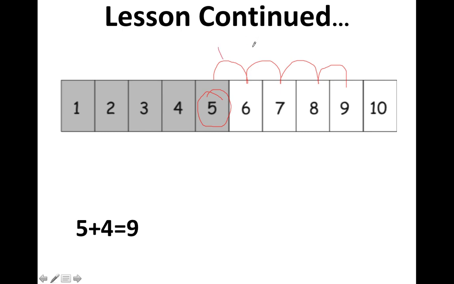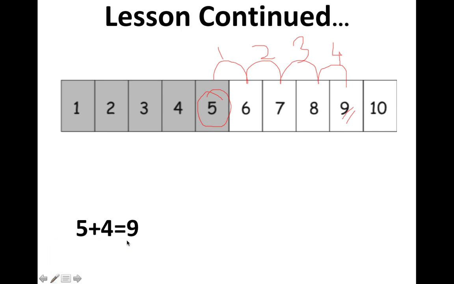If you want, you can label. You don't have to. Labeling makes it easy for me to understand. I made 4 jumps, and it shows that 4 and 4 match, and I landed on 9. So I know 5 plus 4 equals 9.